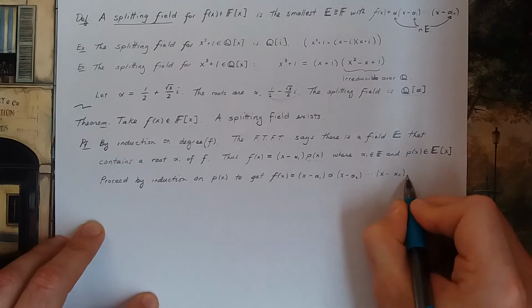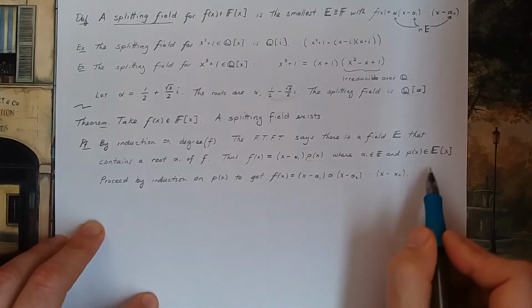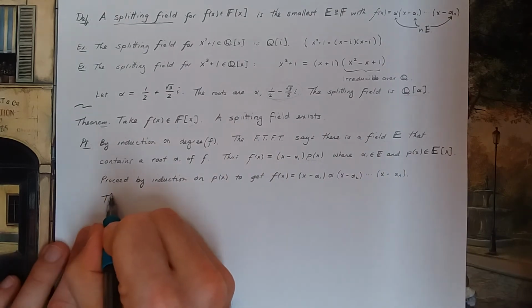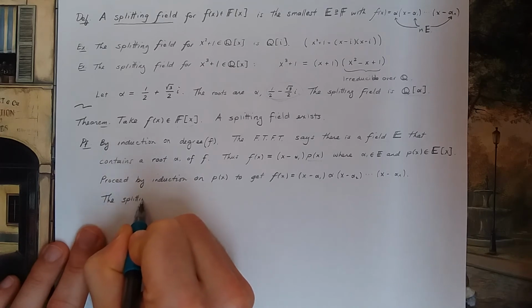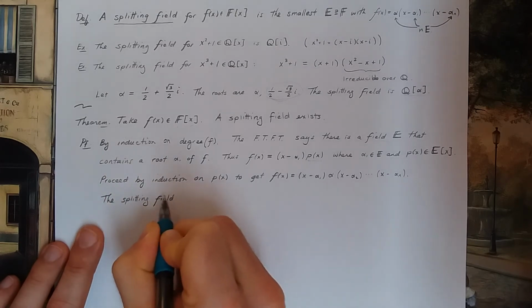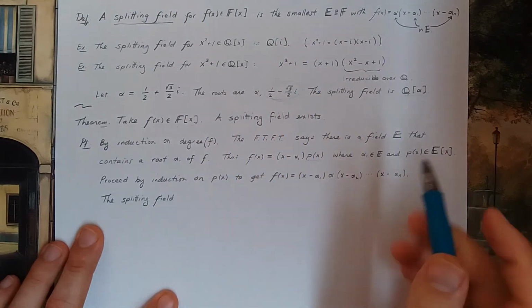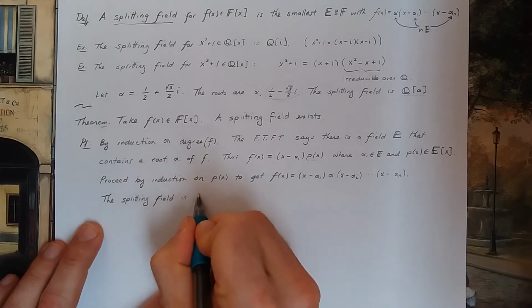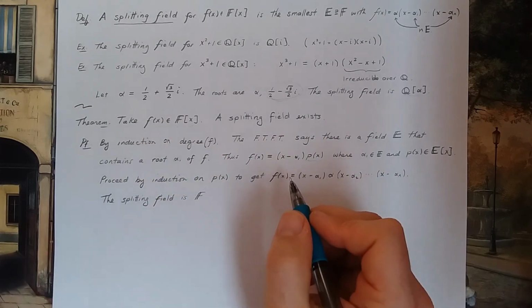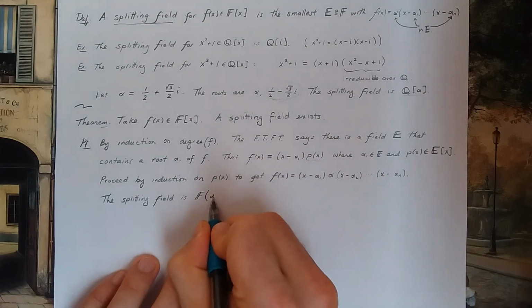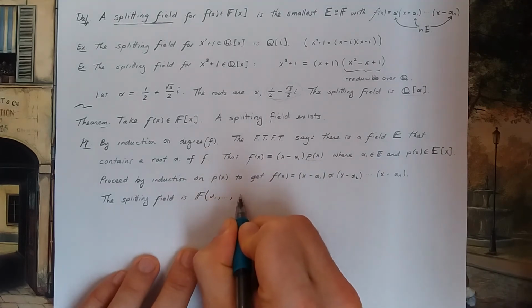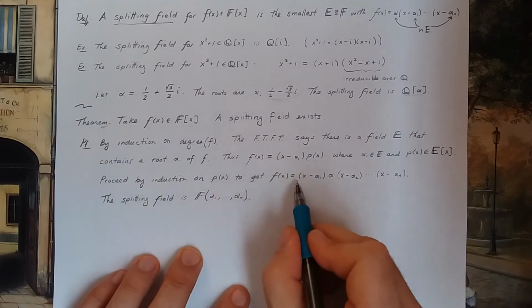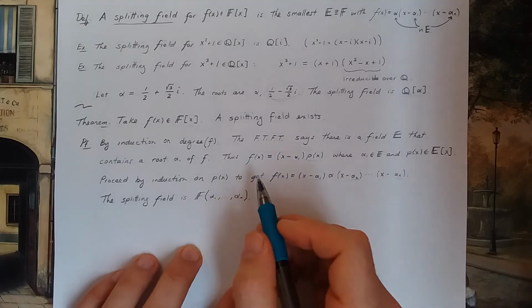So that means I can extend the field to find this kind of factorization. So the splitting field is the smallest possible field that contains alpha 1 through alpha n as roots. And so therefore, the splitting field is F adjoin alpha 1 up through alpha n. It's the smallest possible field that contains these roots.